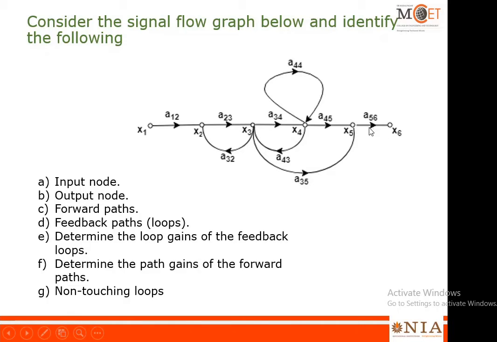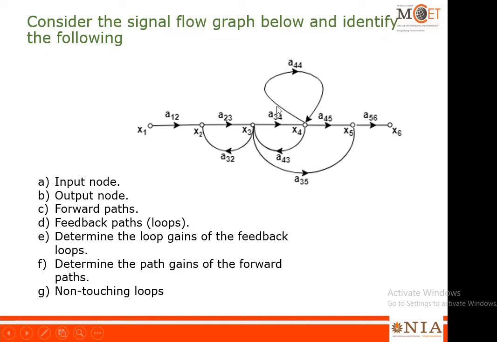Now we are going to see whether there is any set of non-touching loops. There are only three loops here. This loop and this loop touch at this point, and this loop and this loop touch at this point. There is one pair, this loop and this loop, that do not touch each other.